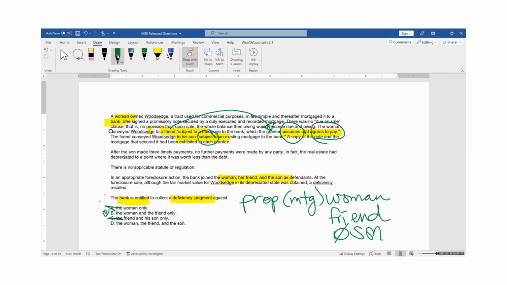And again, unfortunately, this has to do with you learning the substantive law and associating the term taking subject to without assuming the mortgage means that you're not responsible for the mortgage or any deficiencies. And that is why the correct answer should be B.